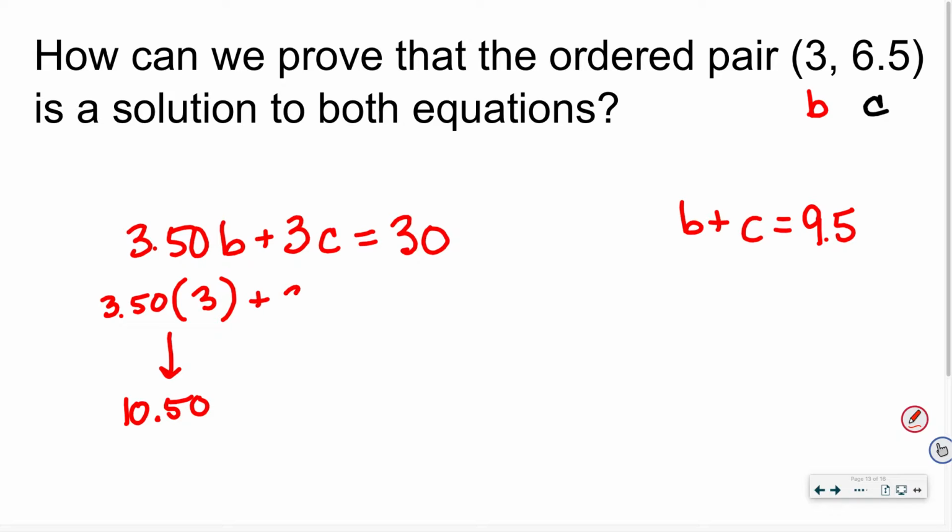And how about $3 for 6.5 pounds of chicken? It would be $19.50. Does that equal $30? Yeah, it does. So we know that it worked in this equation, it worked in this equation, so our answer would have to be the beef was 3 pounds and the chicken was 6.5 pounds.